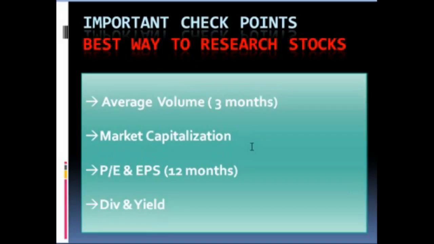The next checkpoint is the profit per earning of 12 months, as well as earnings per share, also called EPS, for 12 months. These are also important points whenever you do any research.